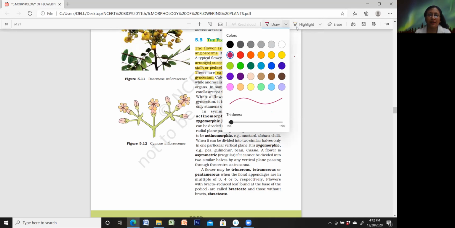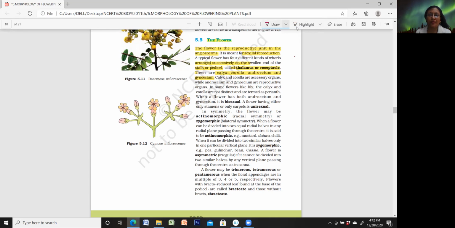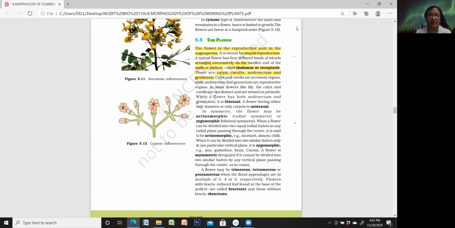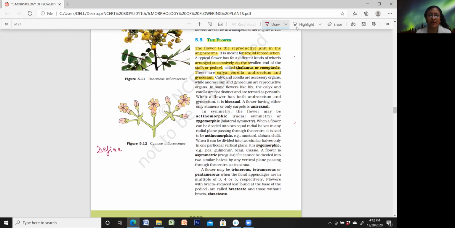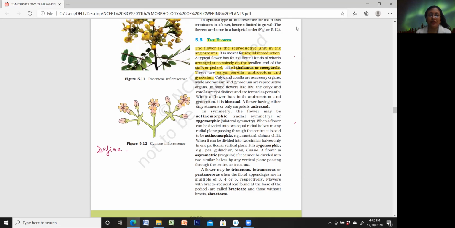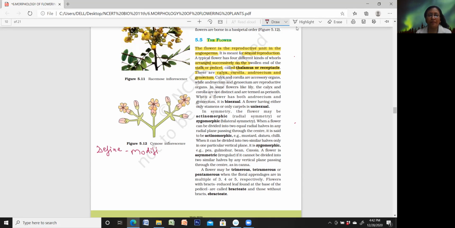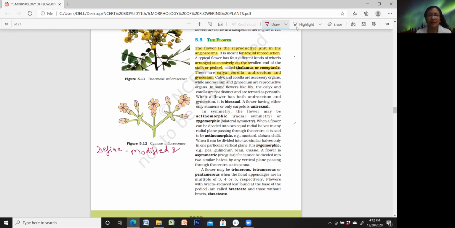But let us understand how we can define a flower. I'll be writing here, we can define flower as a modified and condensed shoot. So we call the flower a modified and condensed shoot.